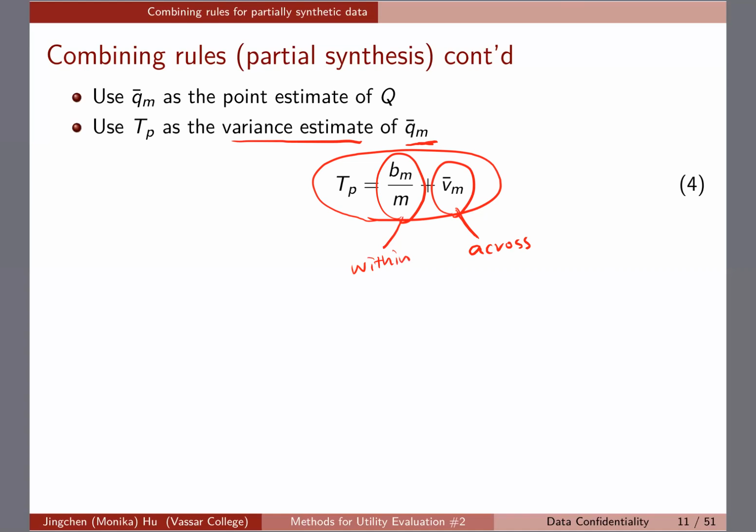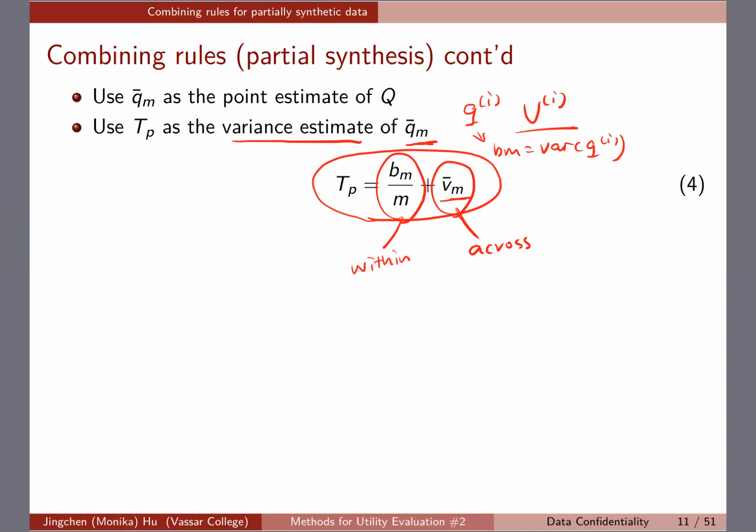Is that right? My setup? V bar M is the mean, so VI and QI, right? BM is the variance of QI. VI is the variance of Q in each synthetic data set, and we take the mean. So I think I got it reversed, right? What do y'all think? Confusing you?